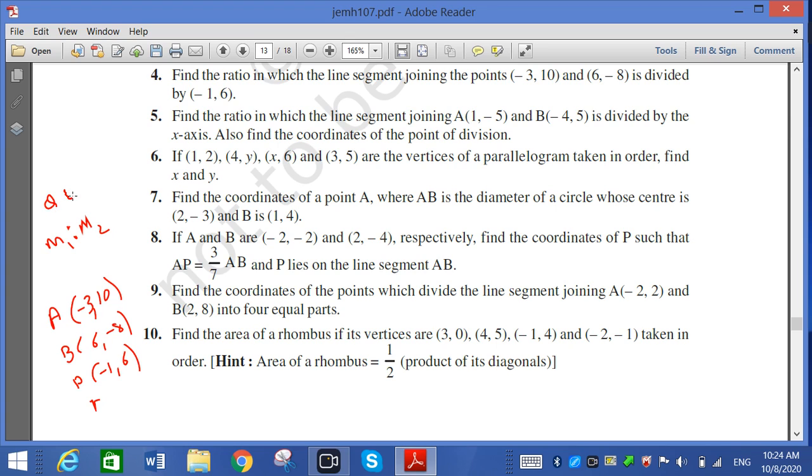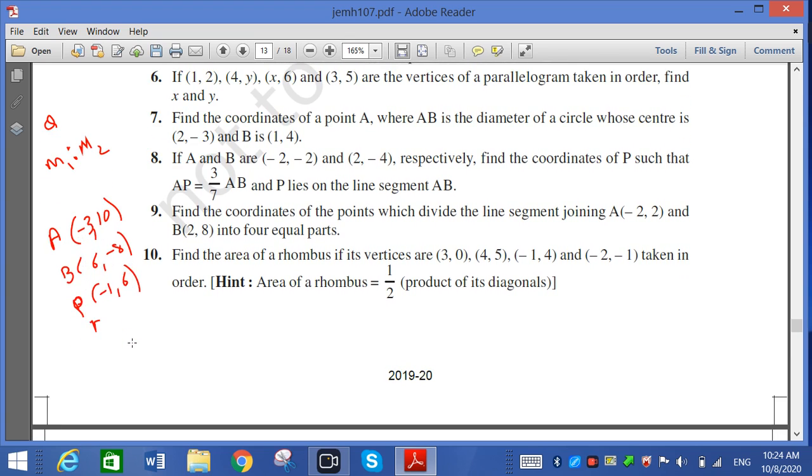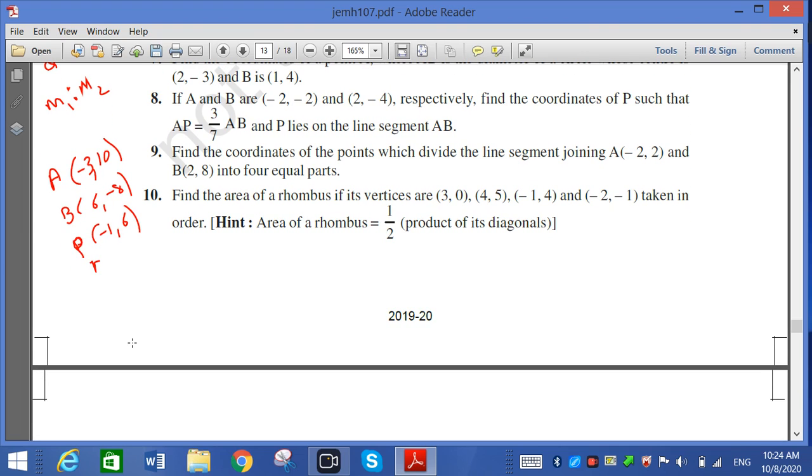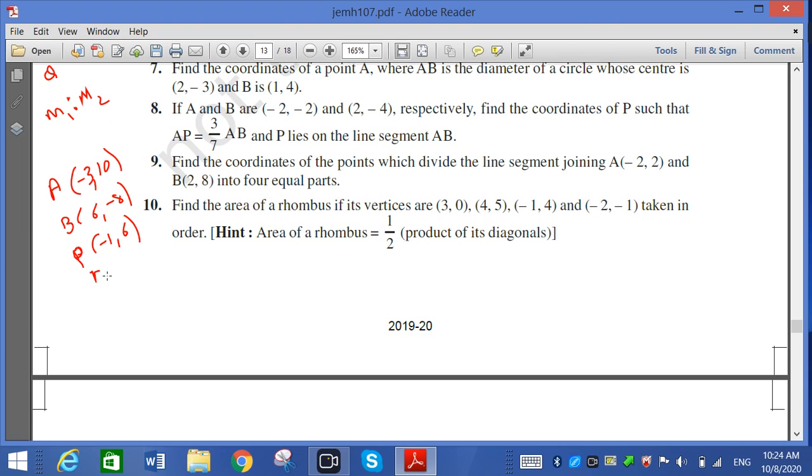Question number 4. The value of P is given to us, that is minus 1, 6, A is minus 3 comma 10, B is 6 comma minus 8. Now we have to find out the ratio, that is m1:m2.